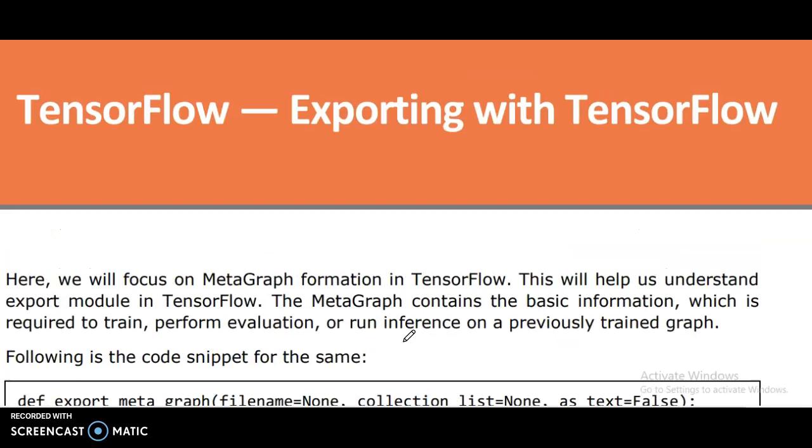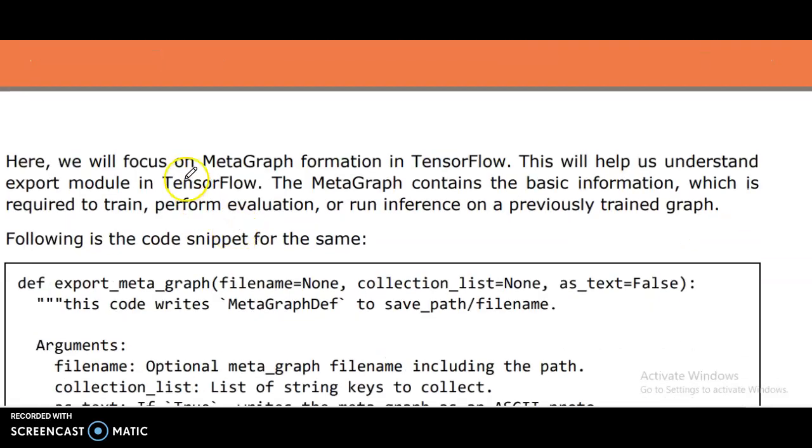Next chapter, exporting with TensorFlow. Here we will focus on metagraph formation in TensorFlow. This will help us understand the export module in TensorFlow. The metagraph contains the basic information which is required to train, perform evaluation or run inference on a previously trained graph. Following is the code snippet for the same.